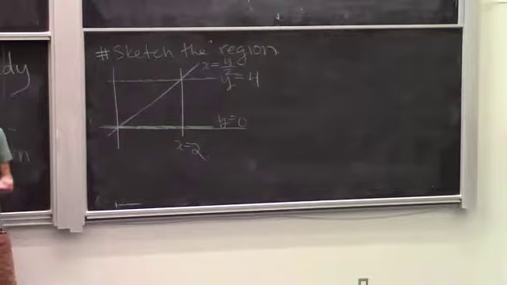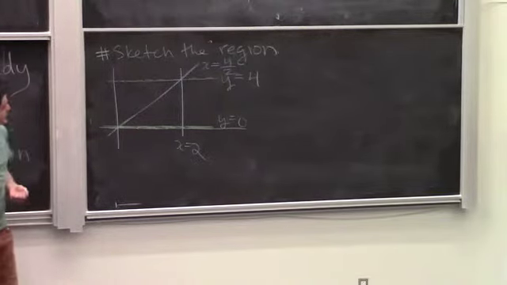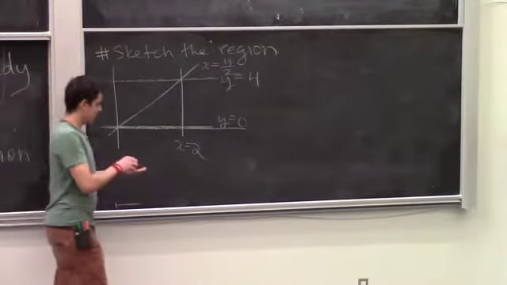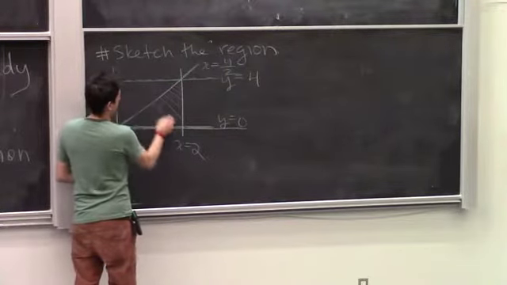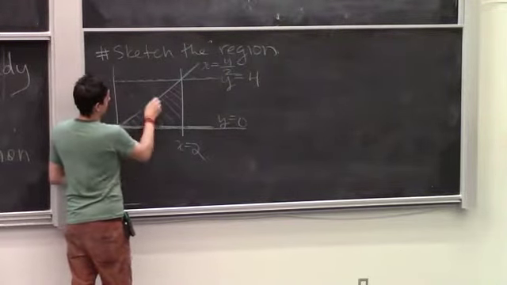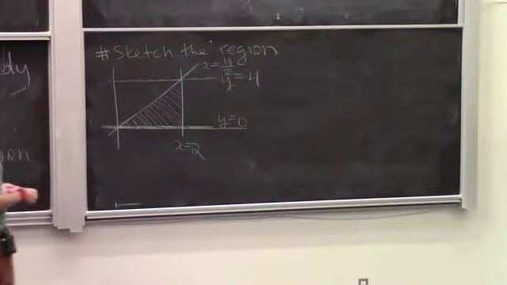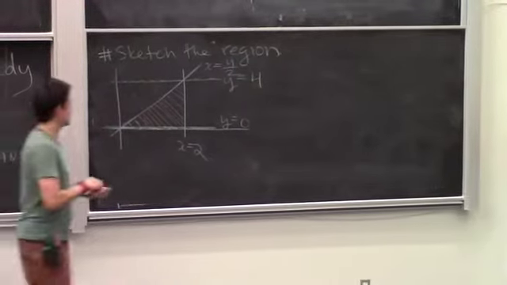For help with graphing this, I often find it helpful to turn my head sideways and switch the axes by turning my head. Okay, so the region that we care about integrating over is here. Okay, and now we'll switch the order of integration and see what happens.